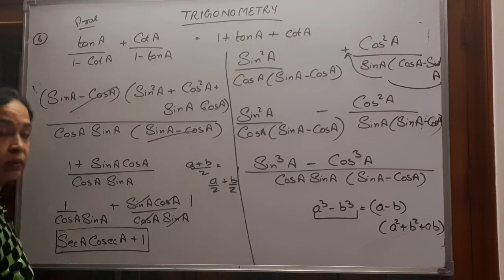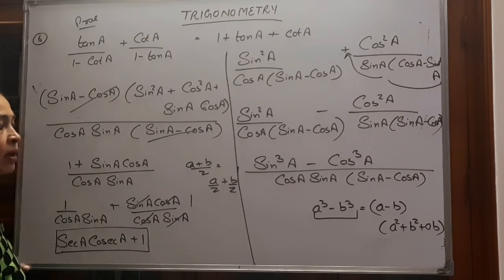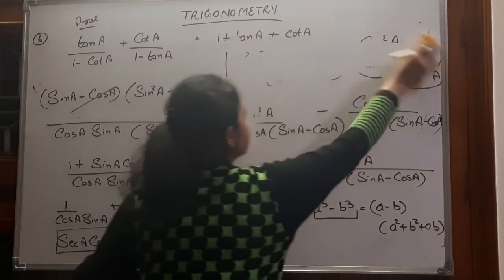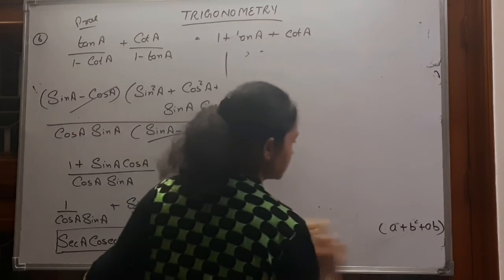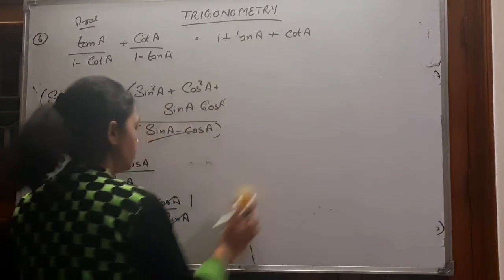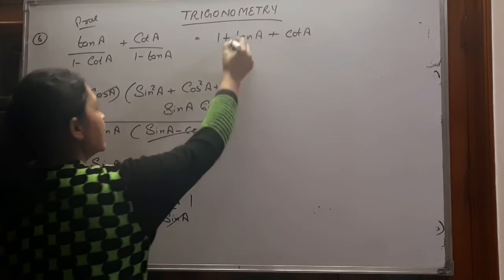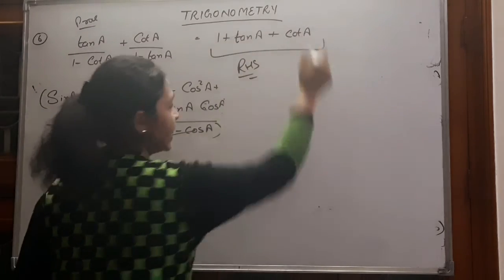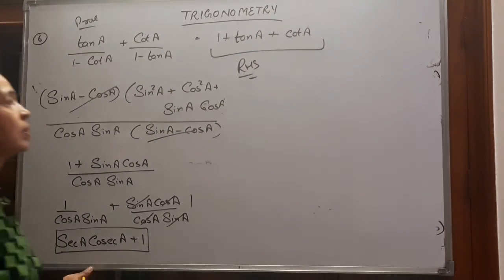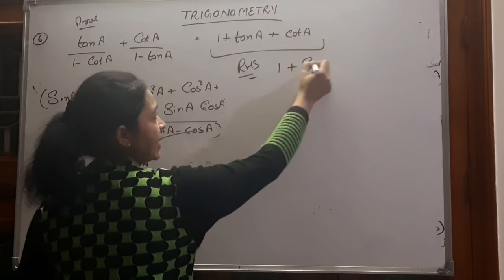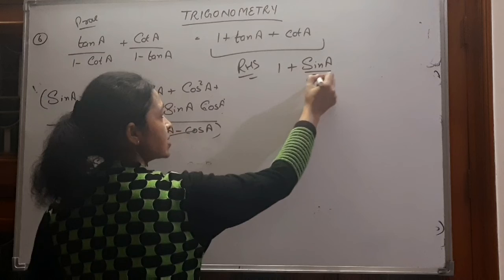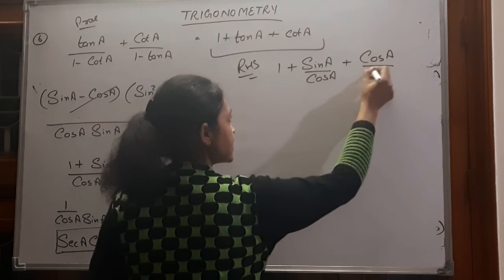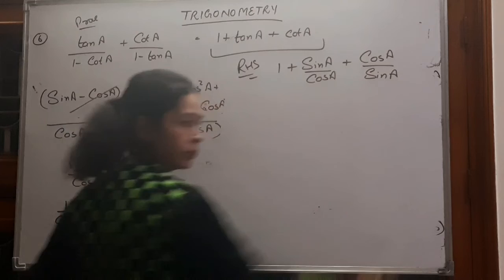But our right hand side is 1 plus tan a plus cot a. What do we do? Let's take the right hand side. Our right hand side is 1 plus tan a plus cot a. 1 plus, what is tan a? Sin a upon cos a. And what is cot a? Cos a upon sin a.